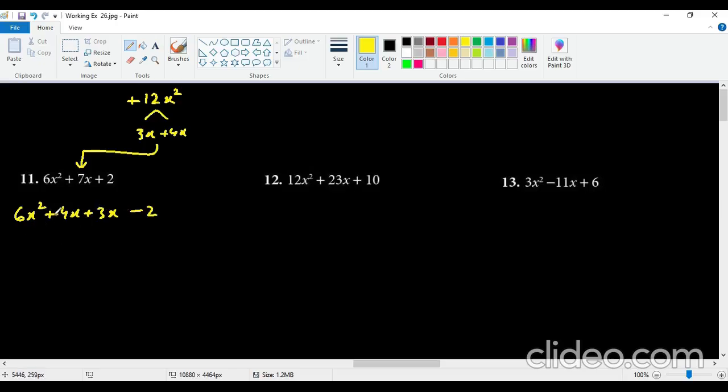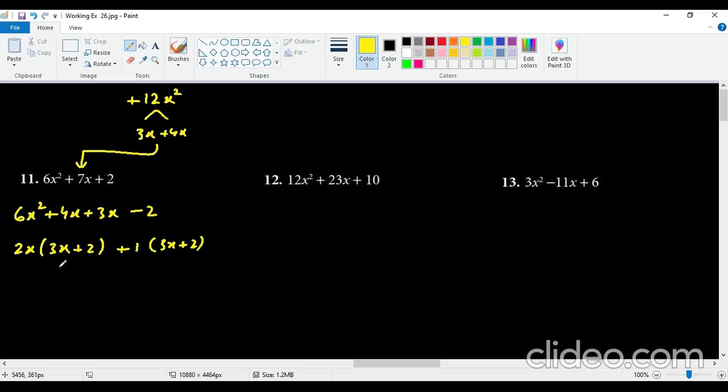Now look at the first two. 2x is common in both of them, and 3x multiplied by 2x is going to give us 6x square, and plus 2 is going to be the first factor. And copy down this 3x plus 2 once again. Now look at the third term, 3x you already have, you just need to multiply by plus 1 to get it.